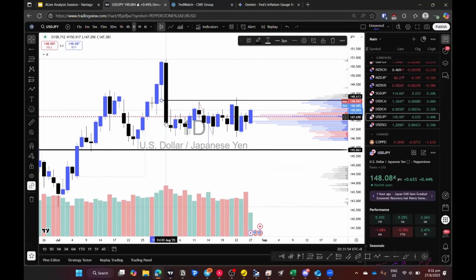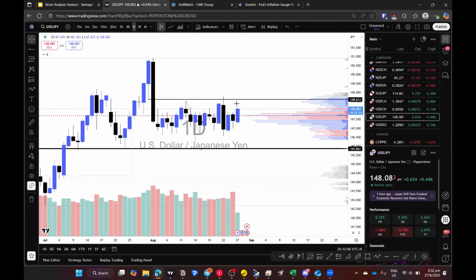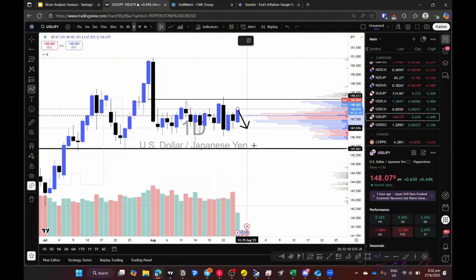And you can see this high is supported by this low. Okay, so for us to be truly bearish, we will need price to get back down to this level. Meaning to say that there's no longer any interest for buyers above this level.